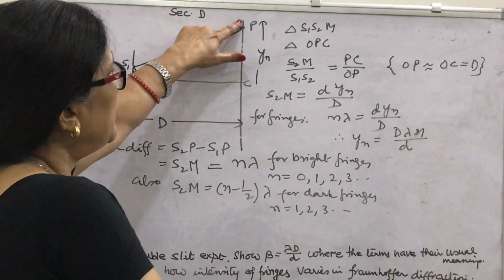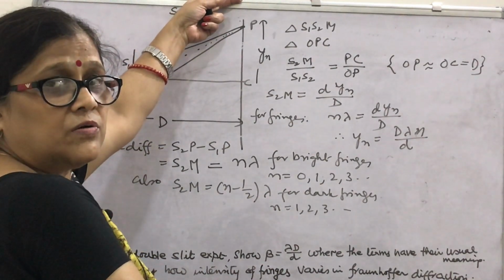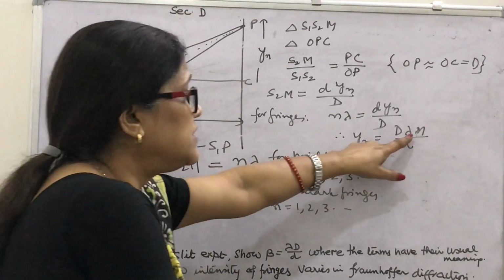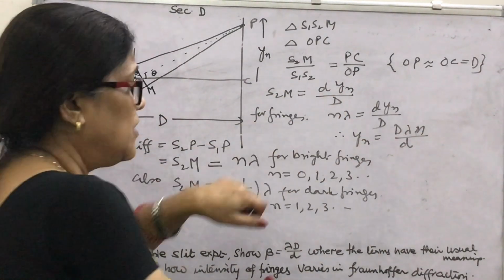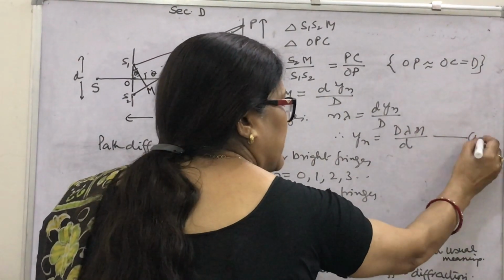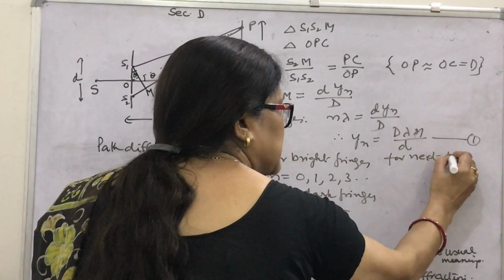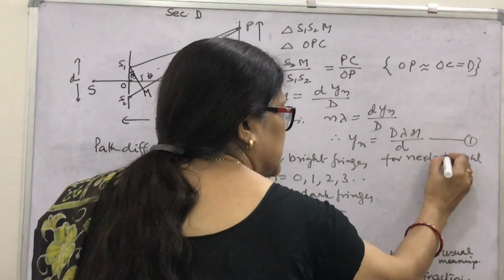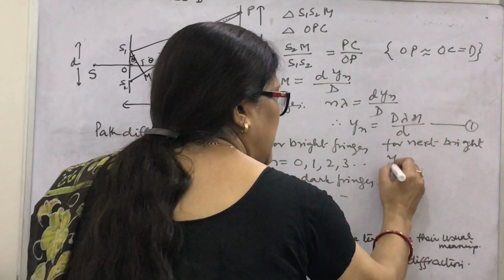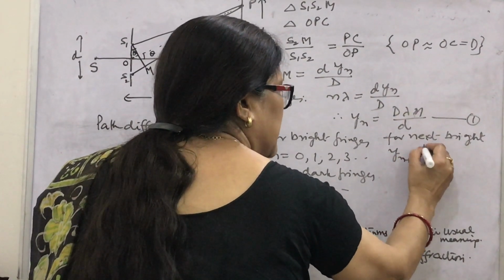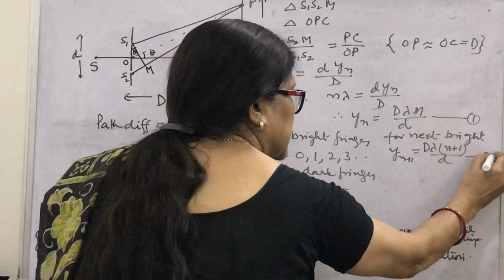This is the nth bright fringe, expression number 1. For the next bright fringe, in place of n you will write n plus 1, so yn plus 1 equals D lambda (n plus 1) upon d. This is expression number 2.